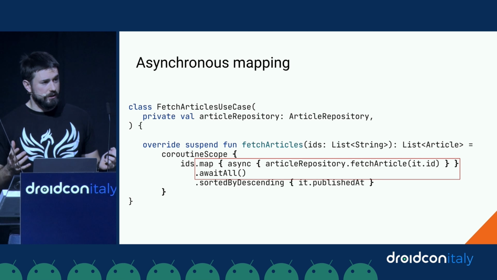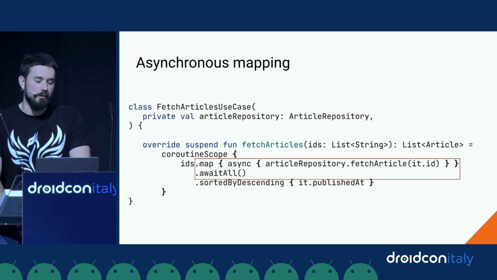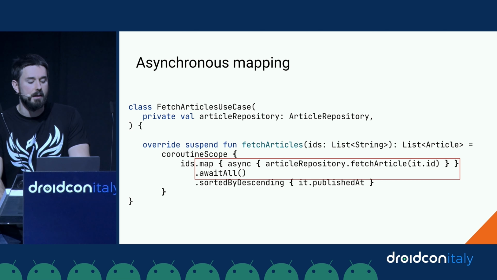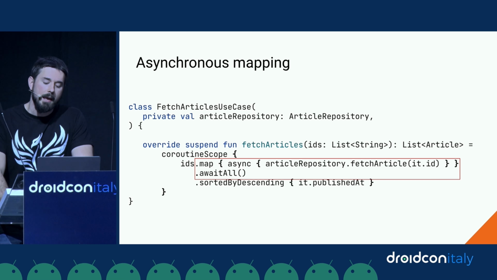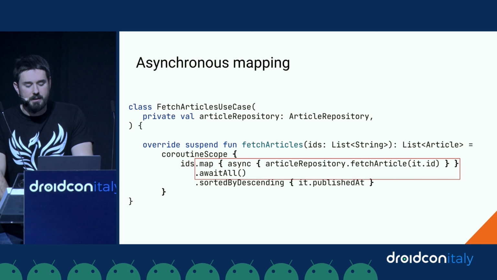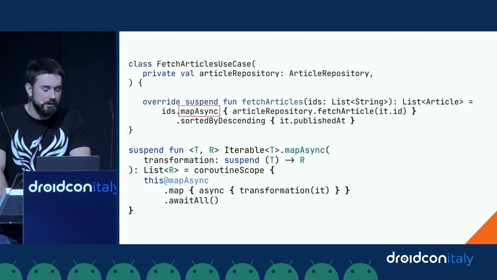If you need to start an asynchronous call for every element of a list, it's the same pattern. You just use async in a map, then you await all the elements. However, this pattern, since it is quite repetitive, I often extract as a function, a very simple function, mapAsync. There are different variants.